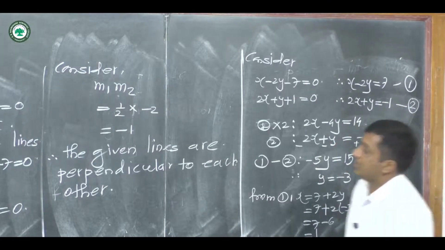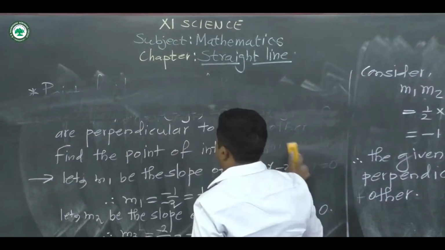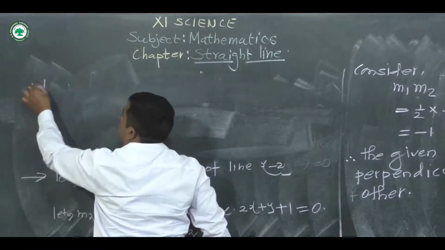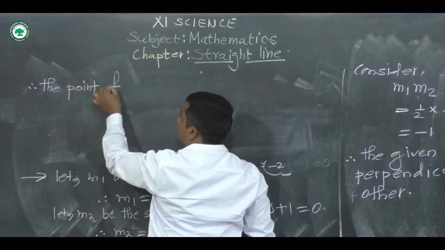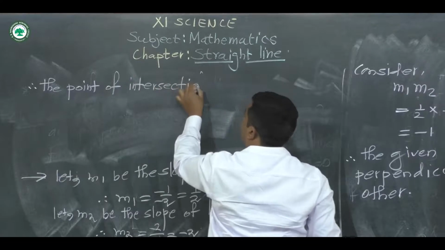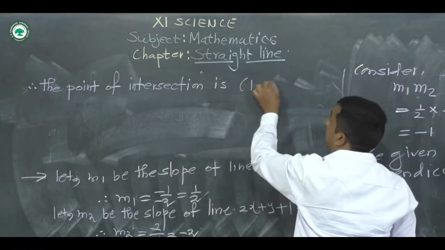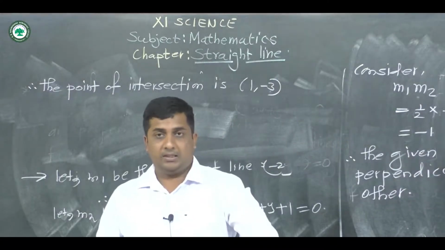Therefore, the point of intersection is (1, minus 3).